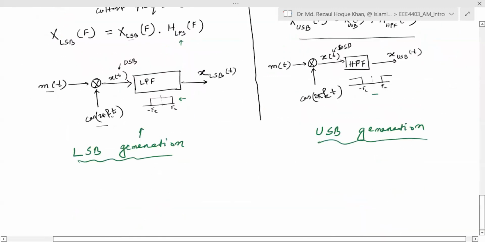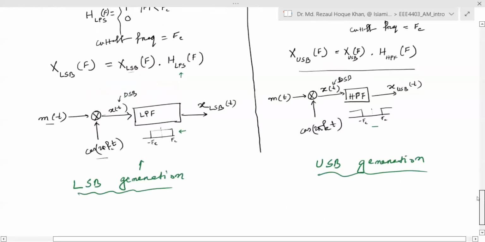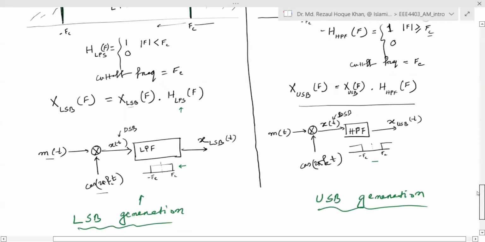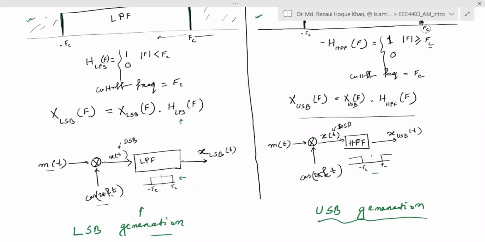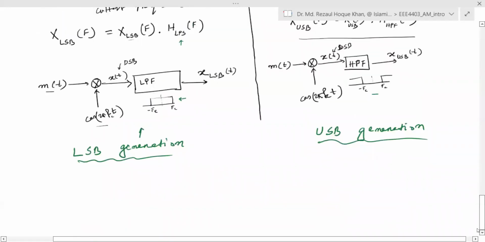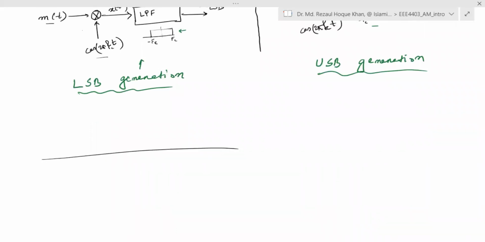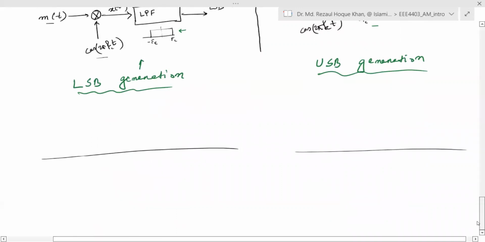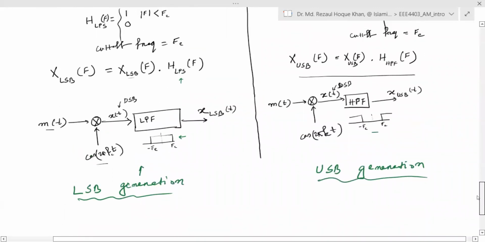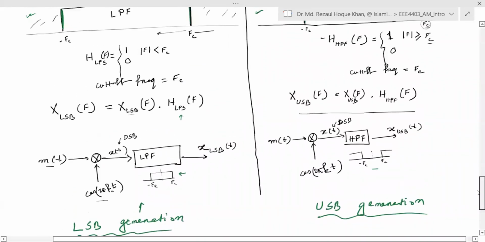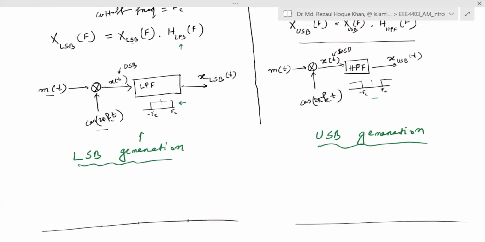For example, let us draw a practical scenario for this low pass filter. So let me draw this figure again. Imagine this is our low pass filter. This is for the high pass filter. Here is the FC, here is the minus FC.